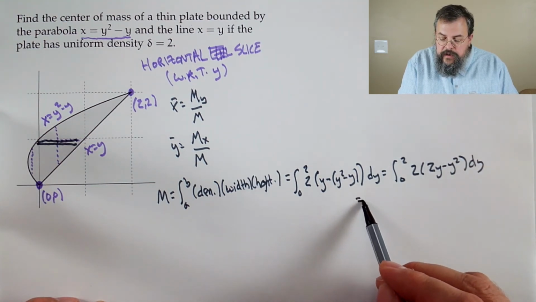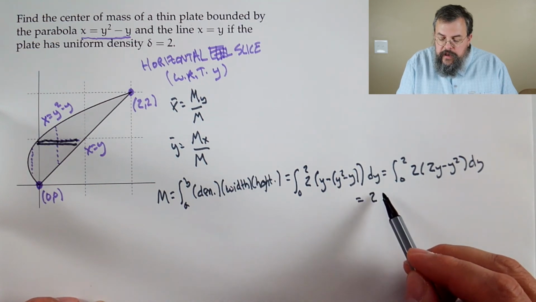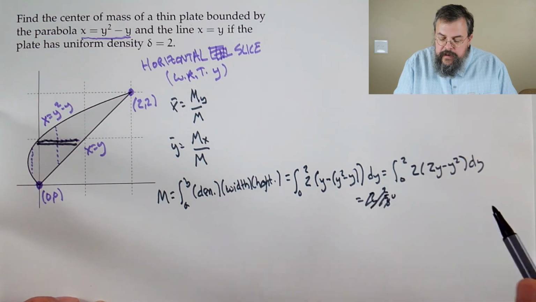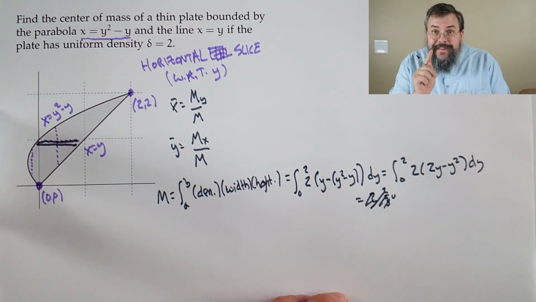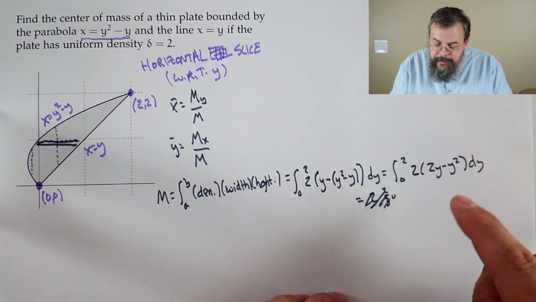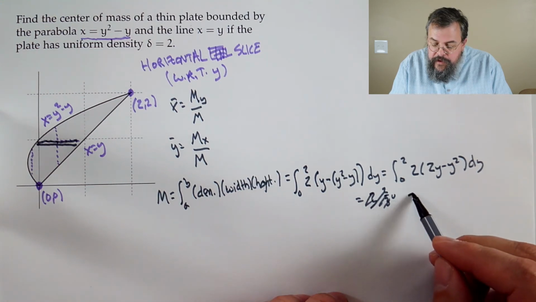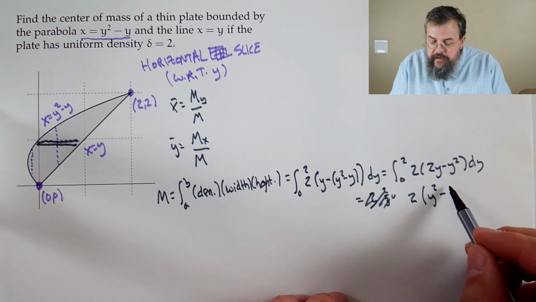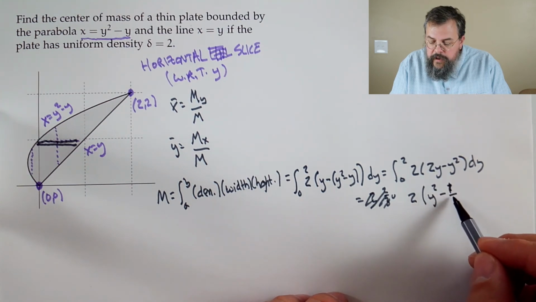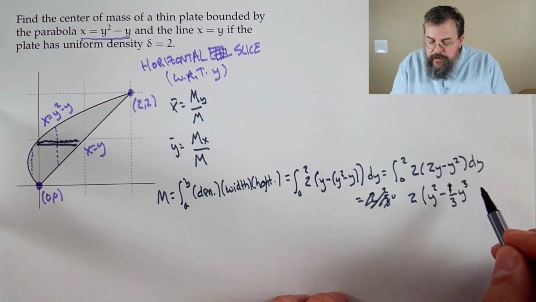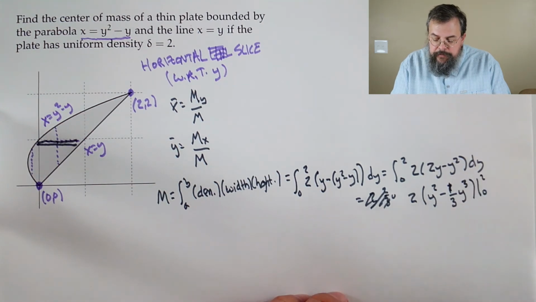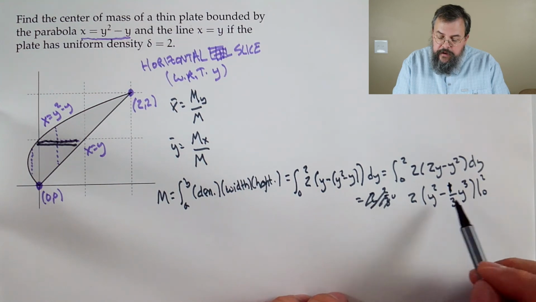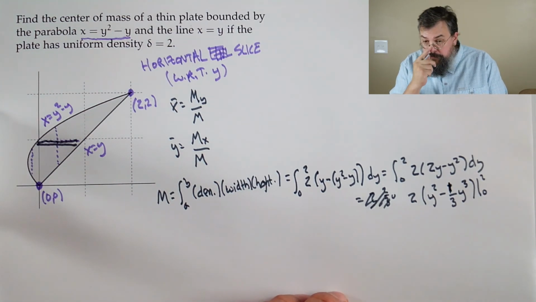Well, so this is 2. And then there's 2/3. Whoops. Sorry. Be careful here. That's mixing things up. So it's 2. And then the integral y squared minus 1/3 y cubed from 0 up to 2. Now, plug in 0, you get 0. Plug in 2.